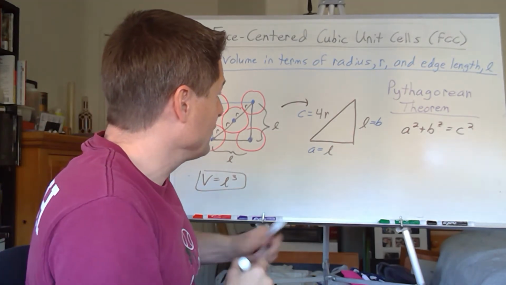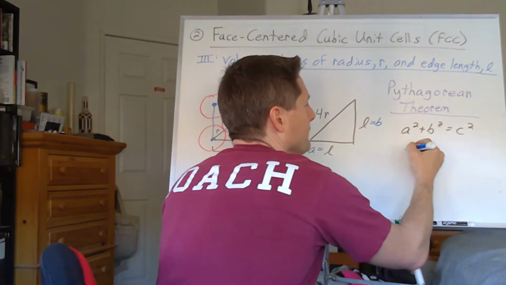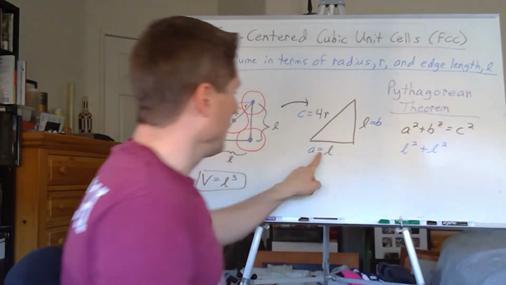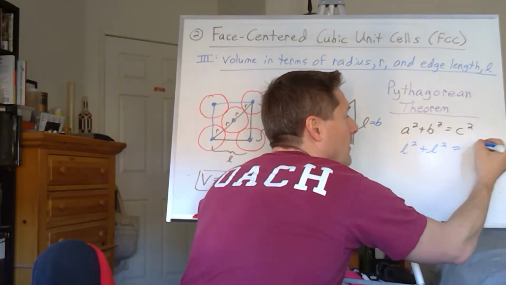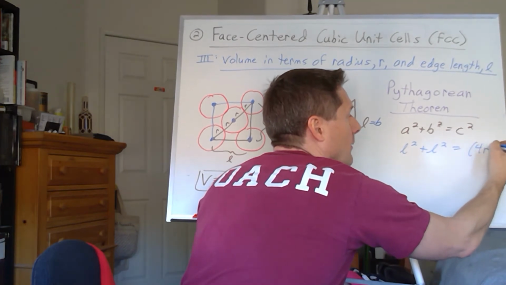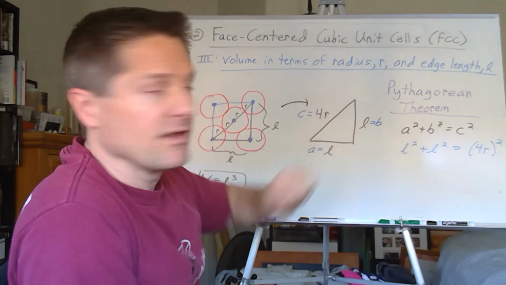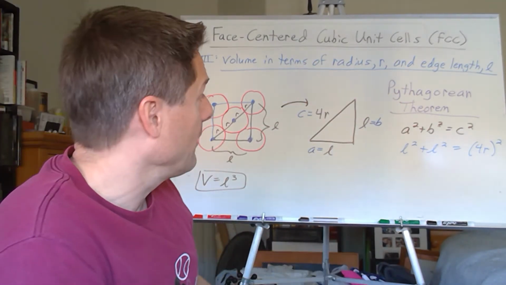So in this situation, a squared plus b squared equals c squared. Therefore, L squared plus L squared, because a is L, b is L, c is 4r, so L squared plus L squared equals 4r squared.